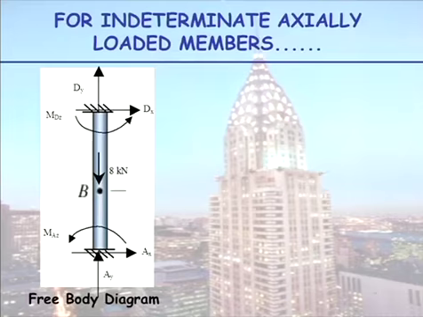So here is an indeterminate axially loaded structure. We need to look at the simplest possible case of axially loaded members, where we can cope with one extra unknown value. When things get more indeterminate, when there are more unknowns, it's basically too complicated to do by hand in first year.